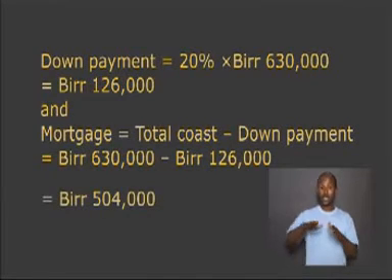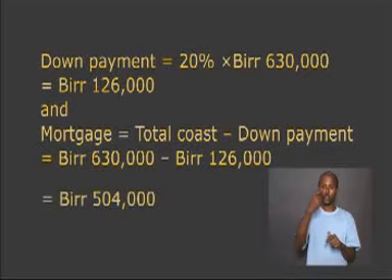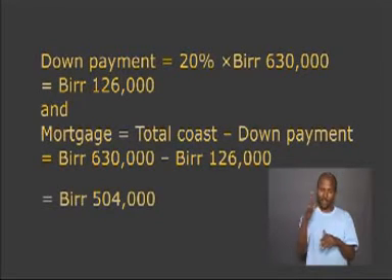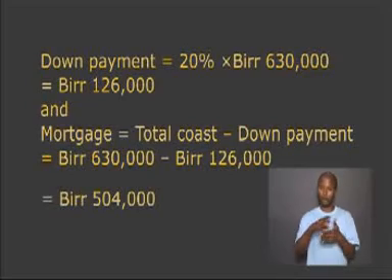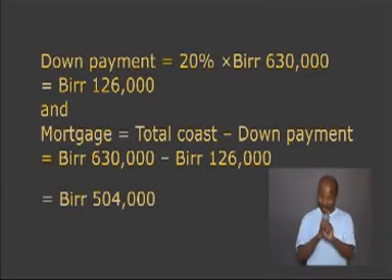The remaining amount of her mortgage is therefore 504,000 birr. Were these your answers? Well done. As you can see, the down payment is one of the major initial expenses in buying a home.